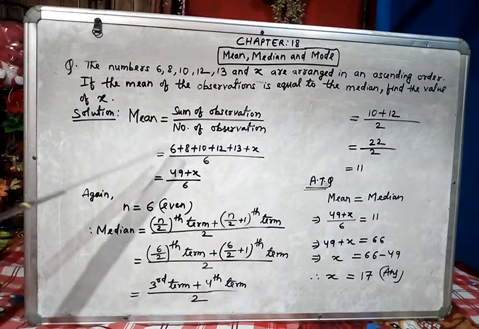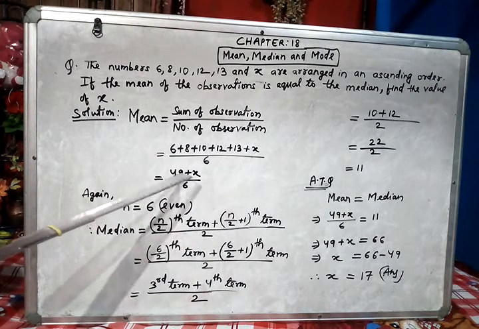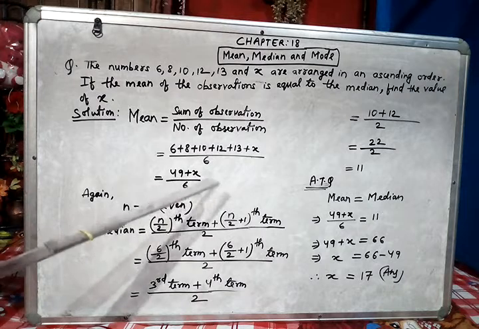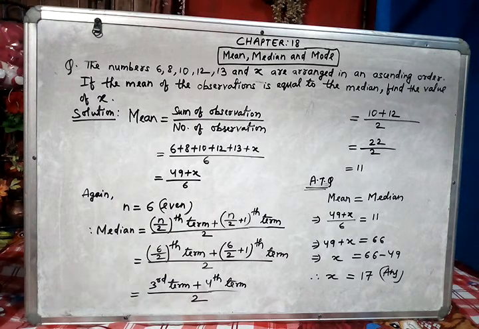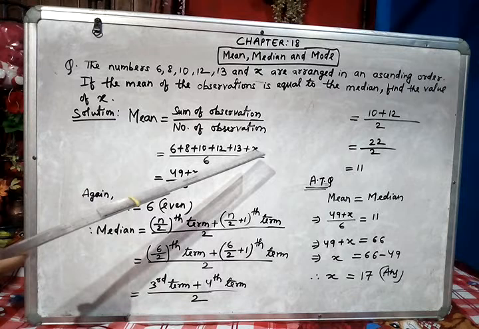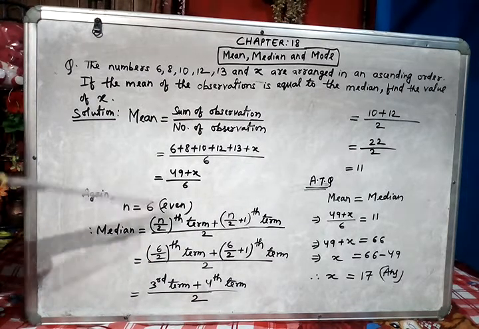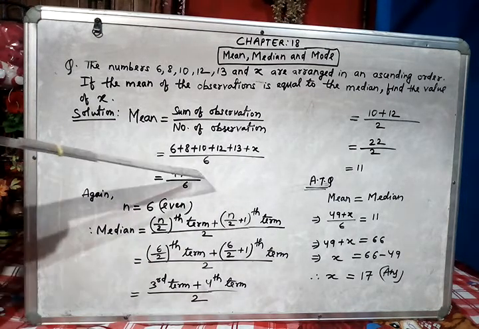So x also comes in addition form: 49 plus x. Don't write 49x, that is wrong. We write 49 plus x, all divided by 6. Now we'll keep our answer like this and later get the value of x.